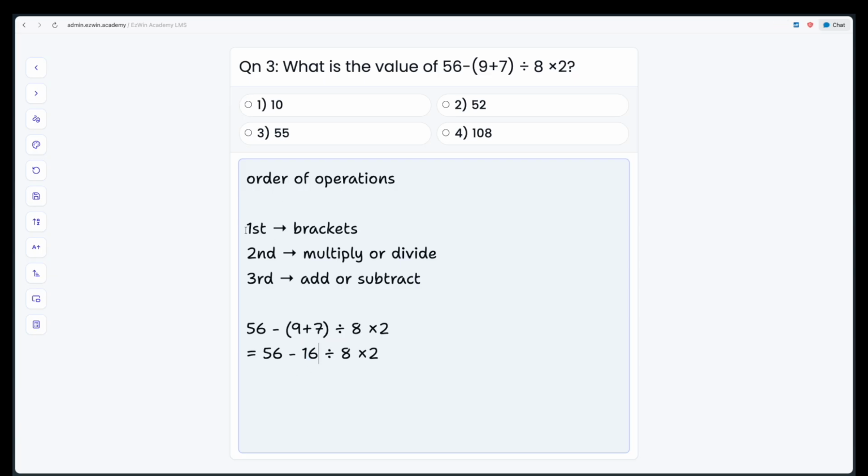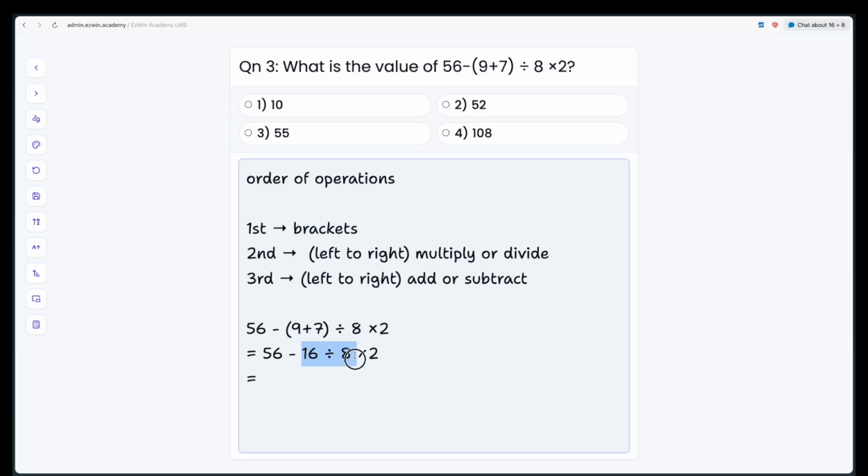Now there are no more brackets, so we'll go for the multiply or divide. This is also from left to right. Same goes to add or subtract. It's an easier and safer way to do this kind of order of operations.